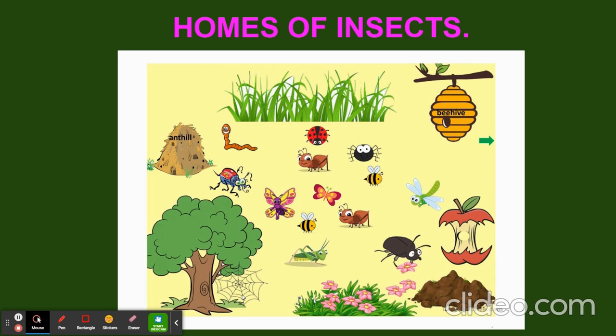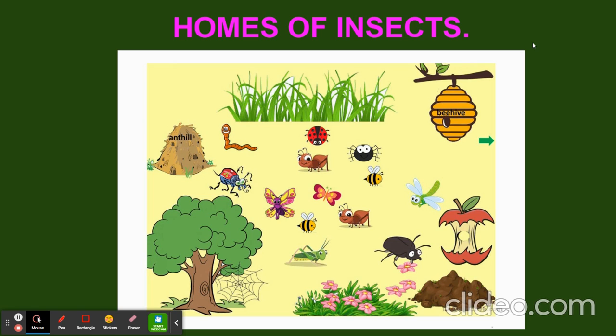We see some insects like houseflies in our home, right? When we throw food or near the dustbins, we see houseflies. They're also seen in dirty places. When the place is dirty, we can see houseflies. Drains and gutters are homes for cockroaches, right?